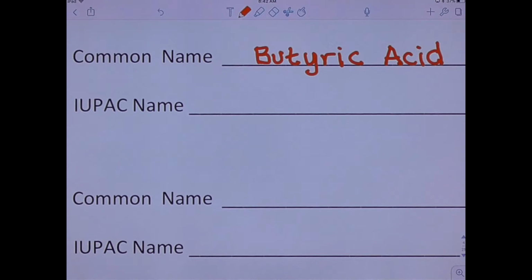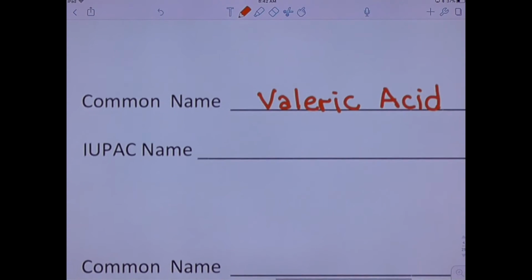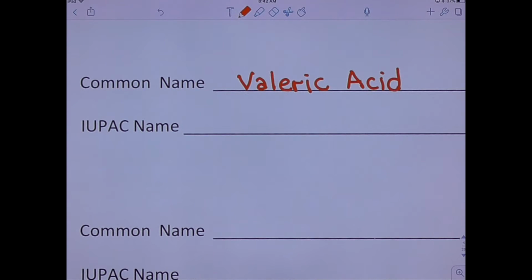All right, the Roman numeral for 5 is V. Give me a V for valeric acid. I'm stretching here, but that one is hard to keep the number in your head, so. And then 6, I've got nothing for you. It's caproic acid.